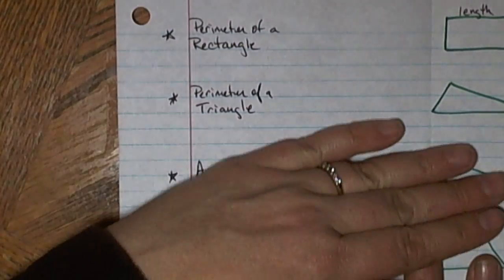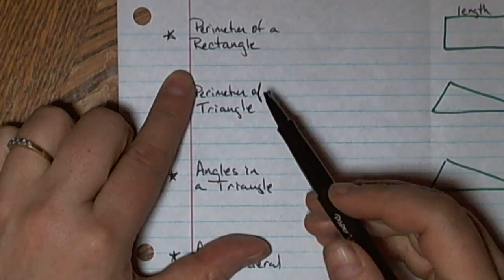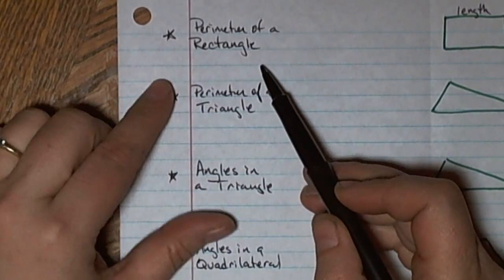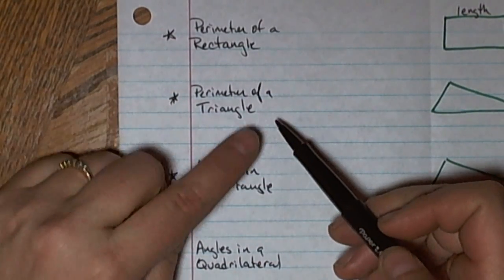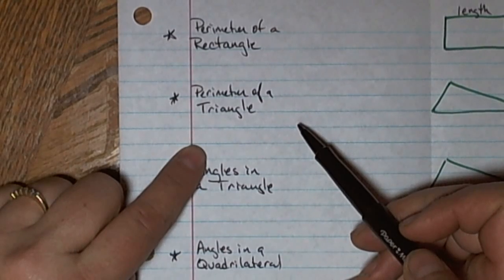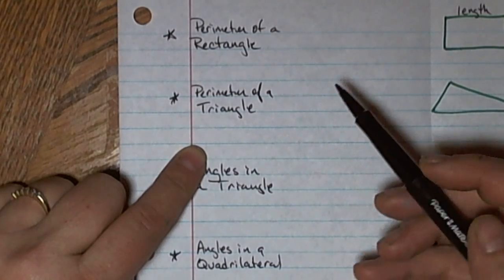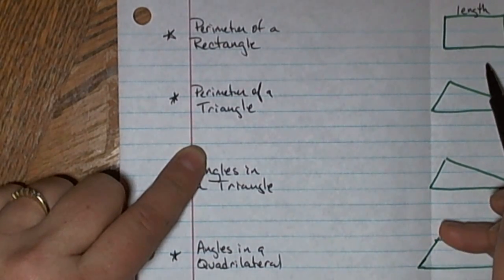So the first formula we need is that of the perimeter of a rectangle. The word perimeter means distance around the outside of any shape. So I can always find the perimeter of a shape by adding up all its sides.